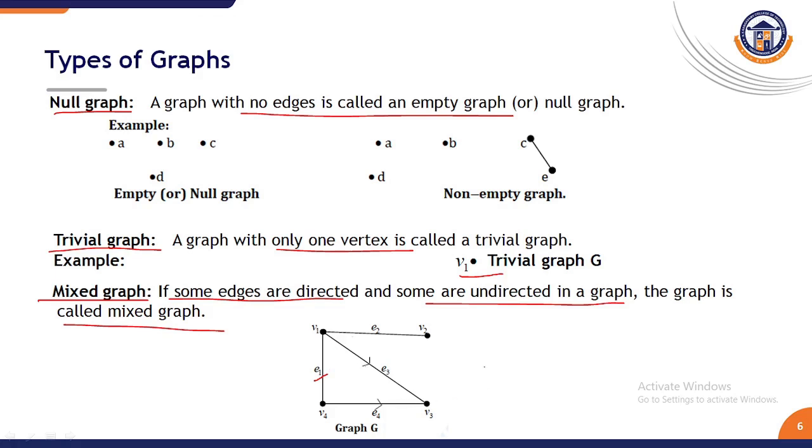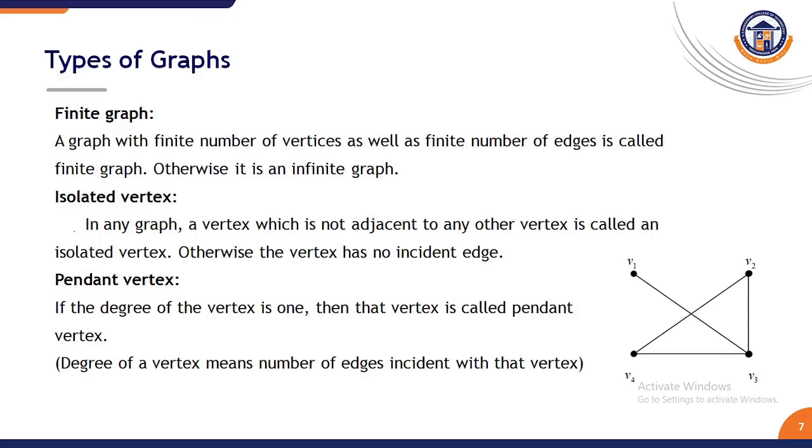So it is a mixed graph. Finite graph. A graph with a finite number of vertices as well as a finite number of edges is called a finite graph. That means its order and size of the graph both can be calculated. Otherwise it is an infinite graph.